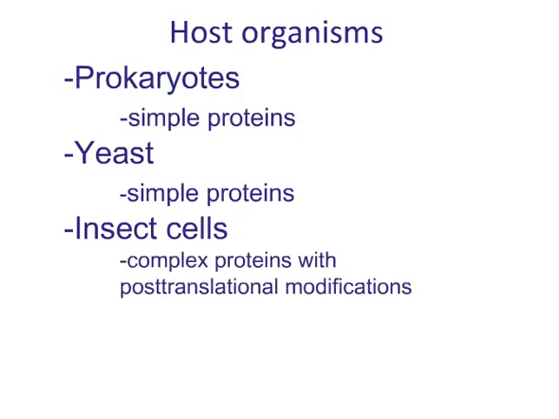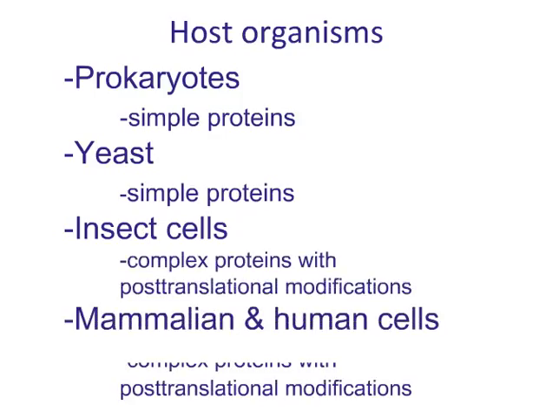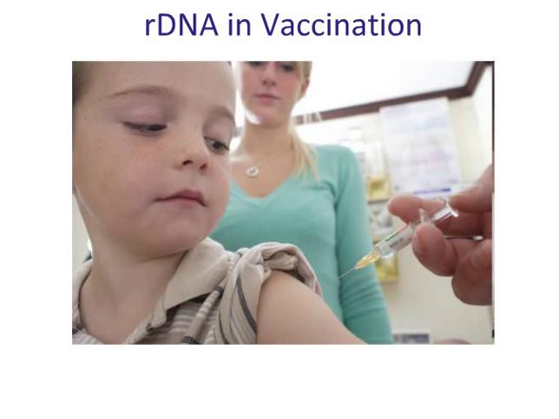Therefore, insect cells or cultured mammalian or human cells are used for the production of some recombinant therapeutic proteins. The complexity of the protein and post-translational modifications required for activity are one of the reasons these therapies are so expensive.